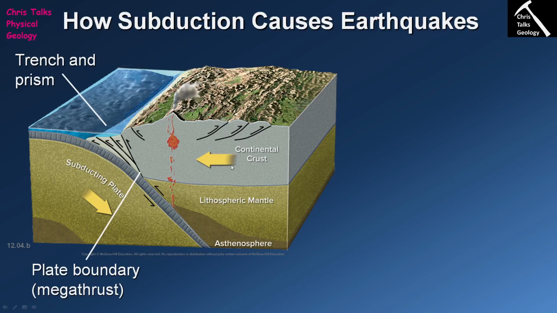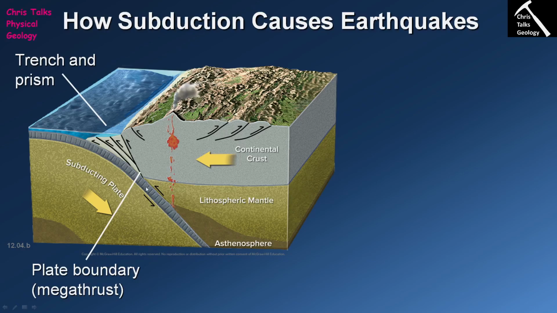In a reverse fault or in a thrust fault, the hanging wall block is going over the top of the footwall block. What's happening here? The continental crust is going over the top of the oceanic crust. Therefore, we can, at a very crude level, call it a very, very large thrust fault. And so the contact between the oceanic crust and the continental crust is sometimes referred to as a megathrust.